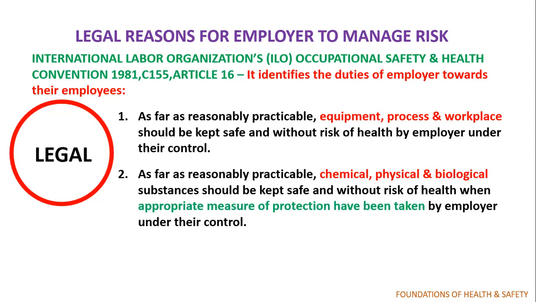Then the second is, as far as reasonably practicable, chemical, physical, and biological substances should be kept safe and without risk to health when appropriate measures of protection have been taken by the employer under their control. So the employer has to keep his chemical, physical, and biological substances in a safe manner, and he has to take adequate protection so that its employees or workers are not exposed to the risk of the hazards arising out of the chemicals.